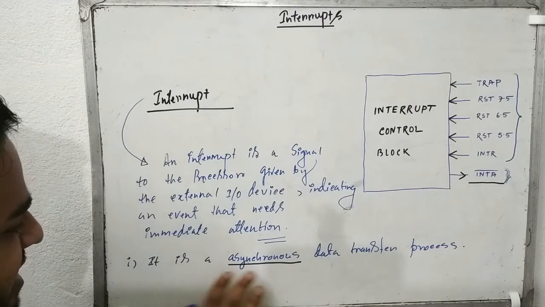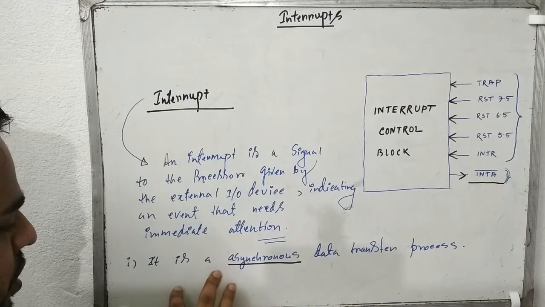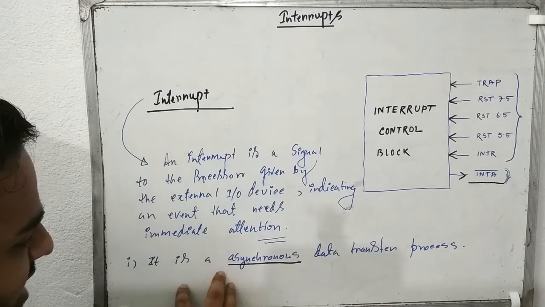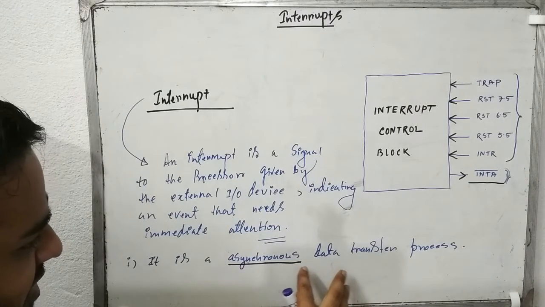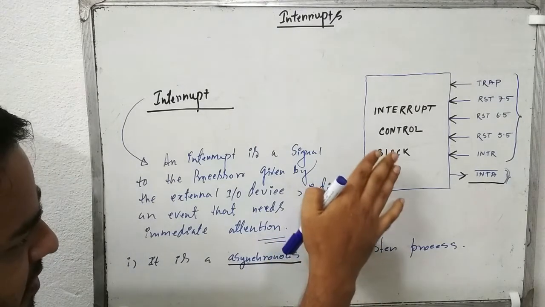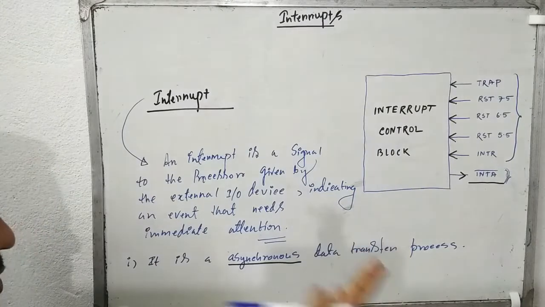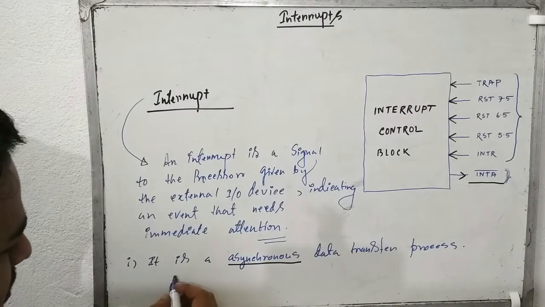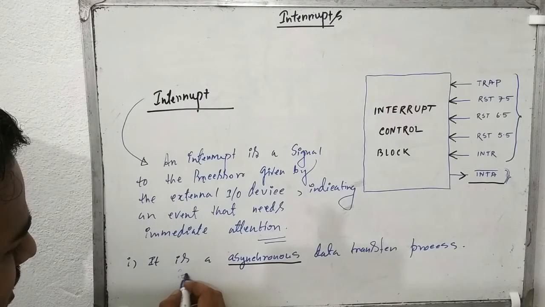So that is an asynchronous device. Without synchronizing the speed of the microprocessor and the external IO device, the data transfer can be done by this interrupt control block that I have also told you before. And this is an asynchronous data transfer process.